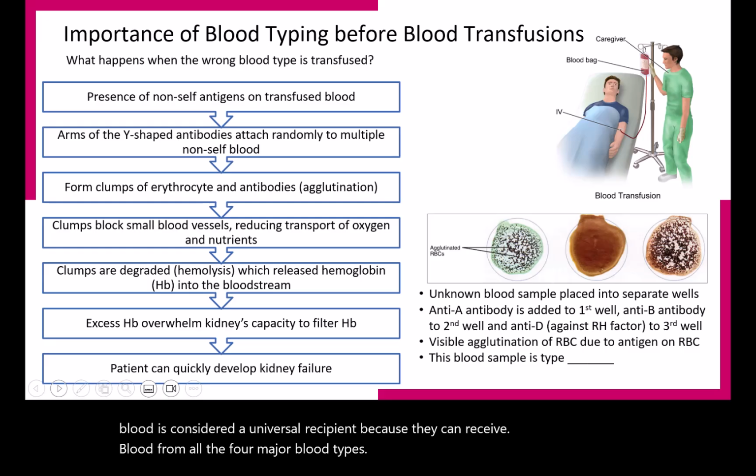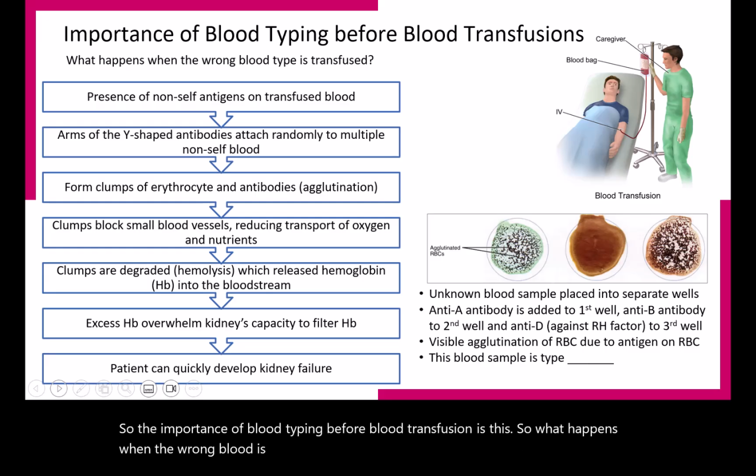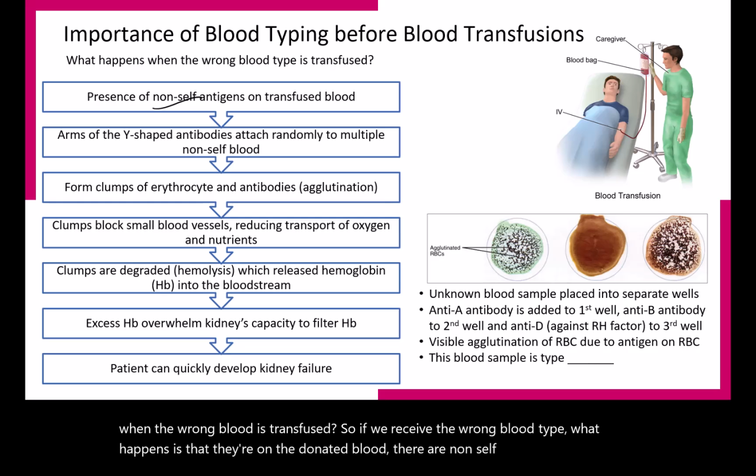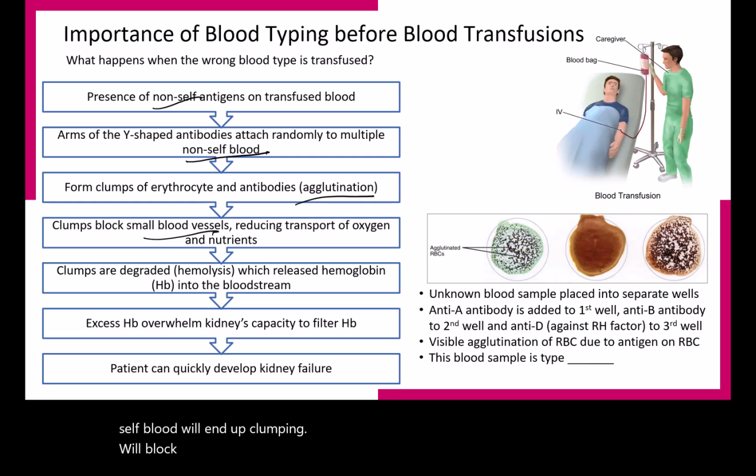So the importance of blood typing before blood transfusion is this. What happens when the wrong blood is transfused? If we receive the wrong blood type, the donated blood has non-self antigens, and the antibodies in your blood will attach to the non-self blood, causing clumping that blocks small blood vessels and hemolysis, when the red blood cells break down.